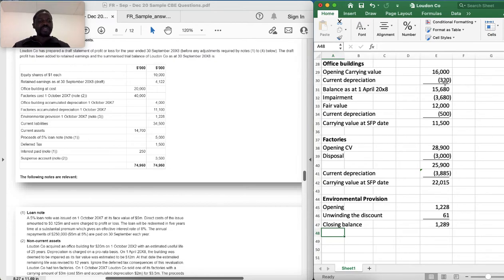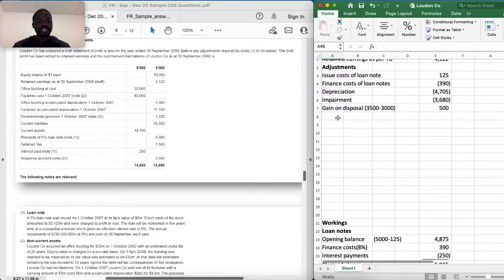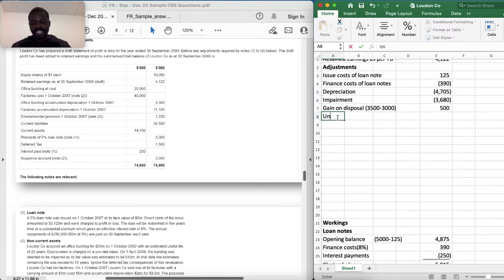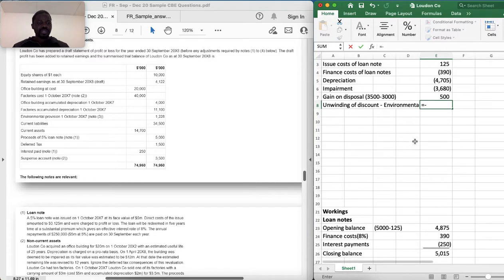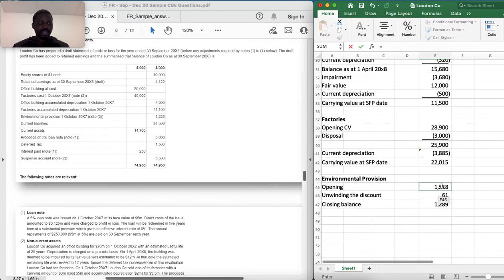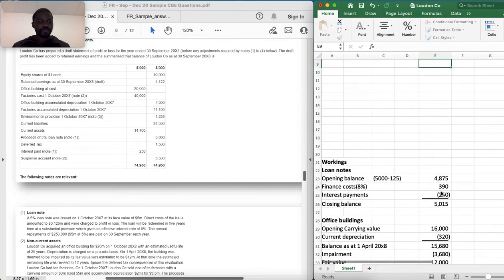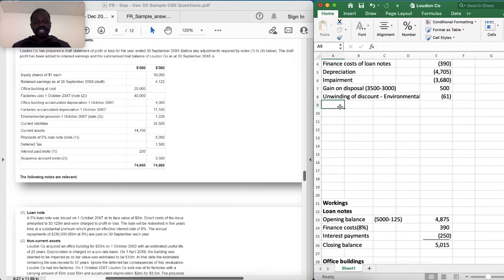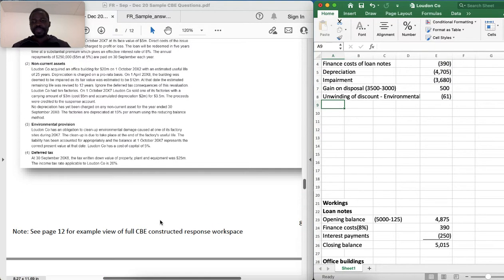But the unwinding of the discount, it's finance costs, unwinding of discount, environmental provision of 61, like that.